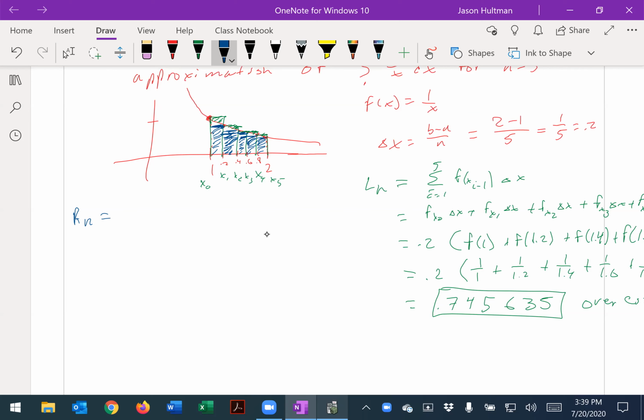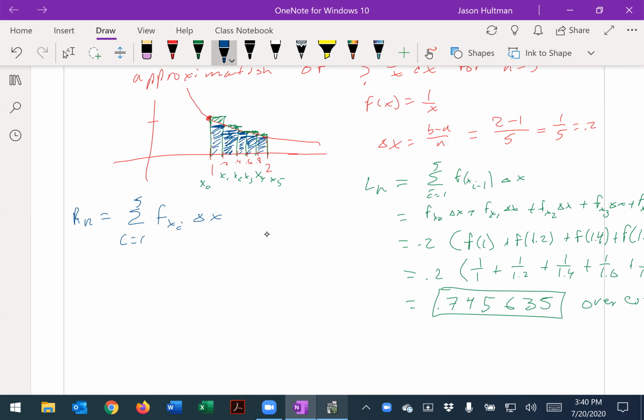Okay, and so it's the same procedure as before. It's just i equals 1 to 5. But in this case, instead of starting at 1, we're going to start at 1.2. This is f of x sub i times delta x.